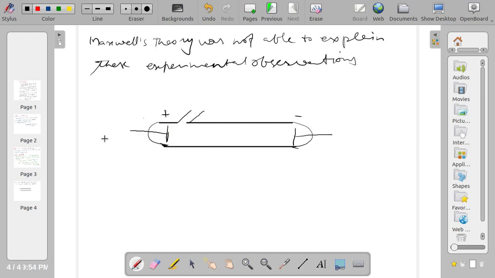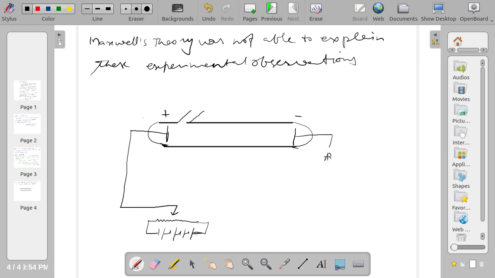The terminals are connected across a variable power supply.